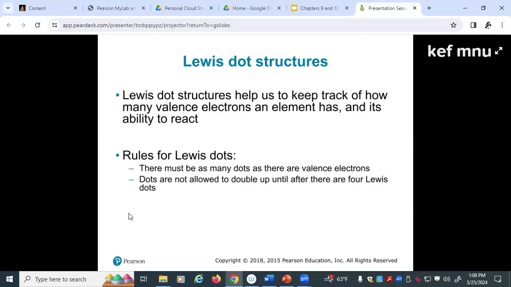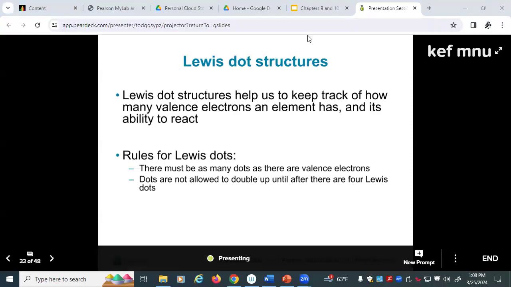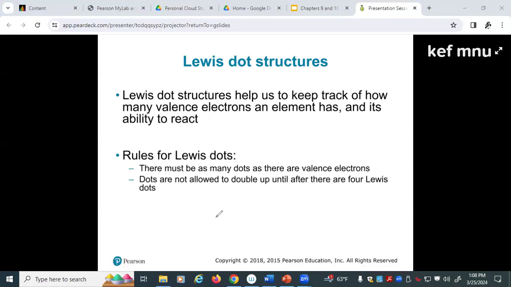Now, some general rules about Lewis dots. In a Lewis dot structure, what we're going to see is that we're going to have our elemental symbol in the middle. And it's going to be surrounded by the dots.